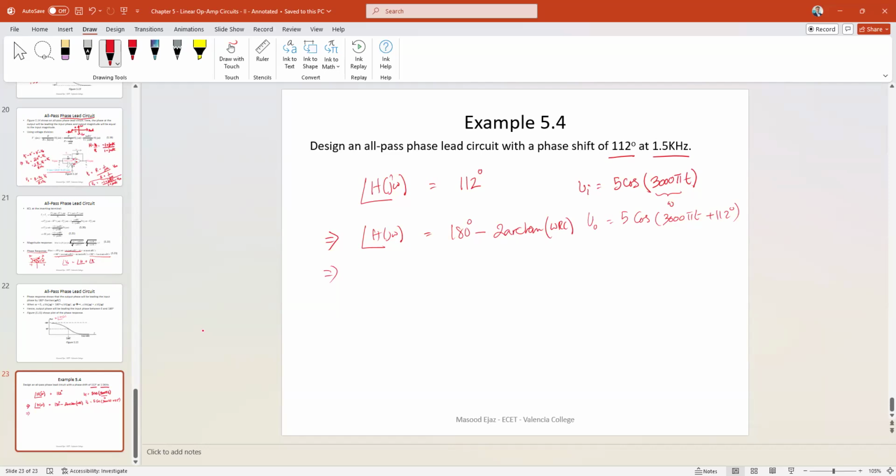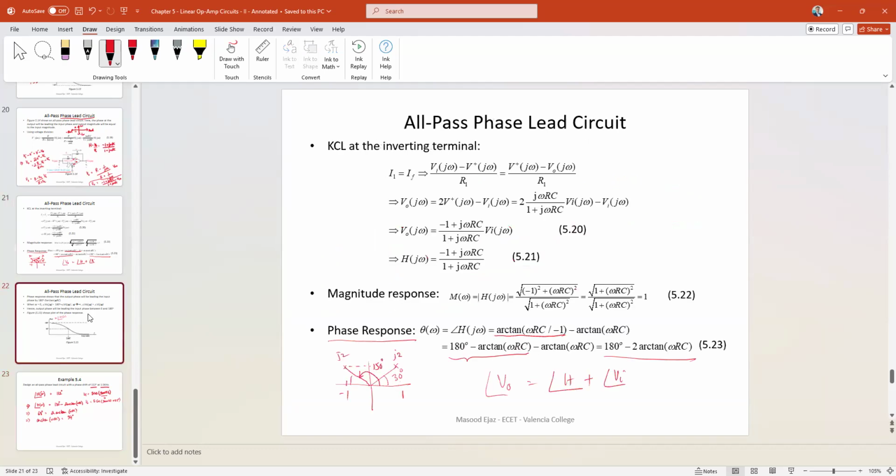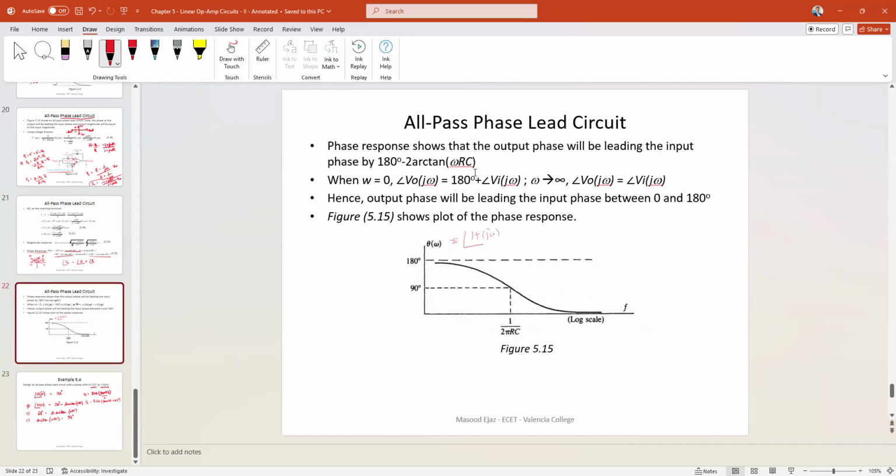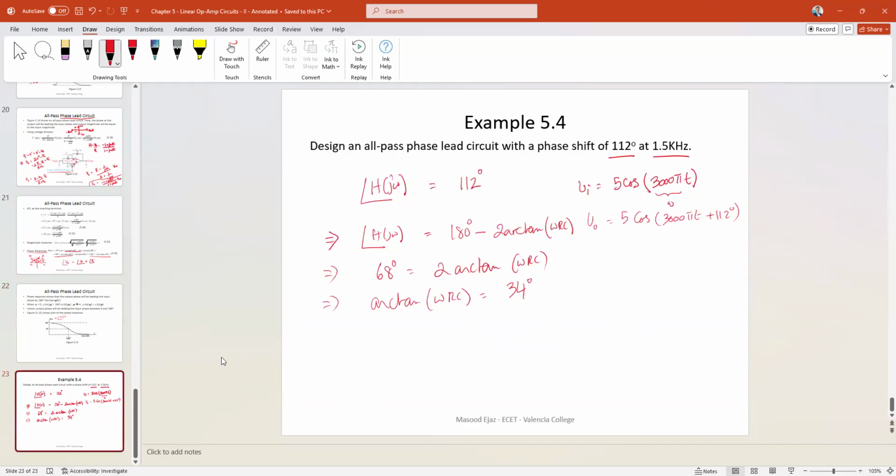So 180 minus 112 is 68. 68 degrees is 2 times arctan of omega RC, and arctan of omega RC is 34 degrees.